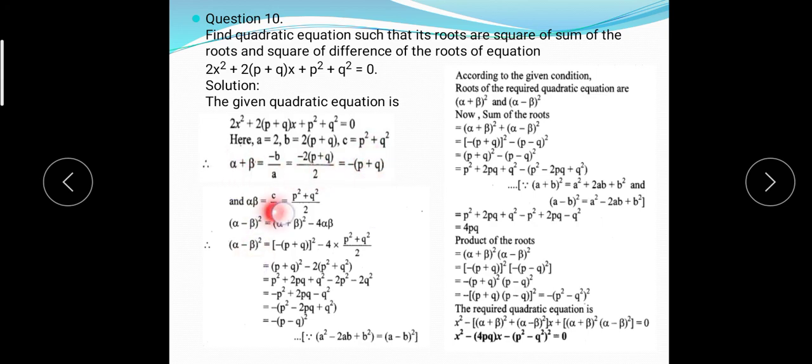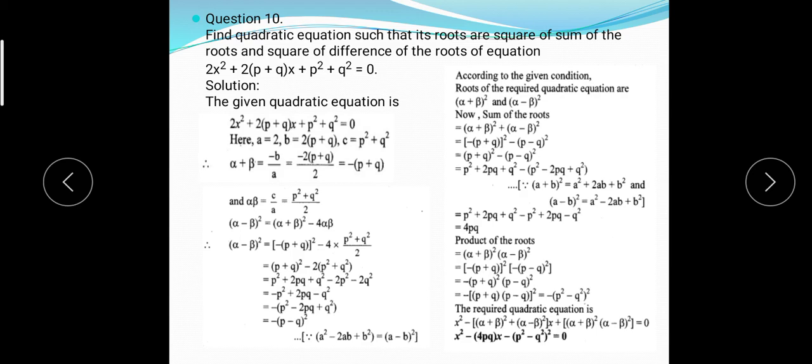Find out alpha minus beta square. What is alpha minus beta square? It is alpha plus beta square minus 4 alpha beta. Alpha plus beta is p plus q, so minus (p plus q) whole square minus 4 into alpha beta.